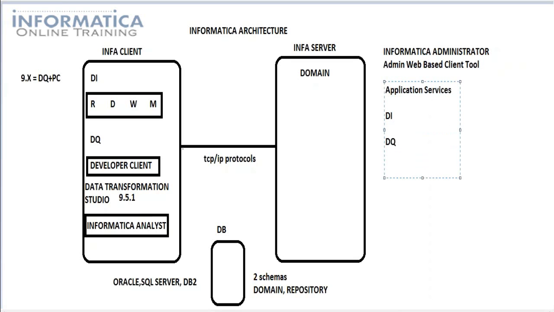For data quality, you have a separate set of services, and you have other services for different operations. In order to perform data integration, we need two mandatory services called the repository service and the integration service.